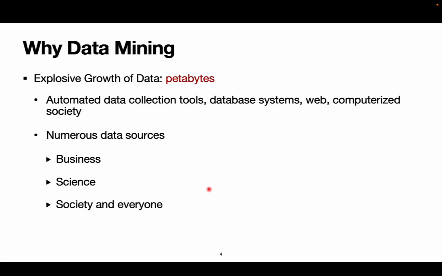Why data mining? Over the past 20 years or even more, we have been collecting more data from the technology that we have developed. Think about networks, wireless networks, sensors, Internet of Things devices, and at the same time, we've been making great progress in high-speed computing and storage.